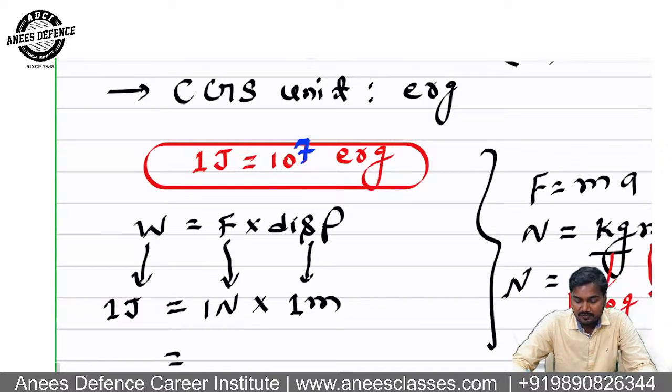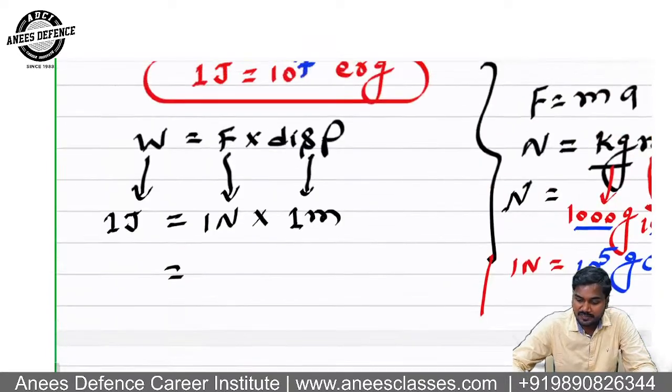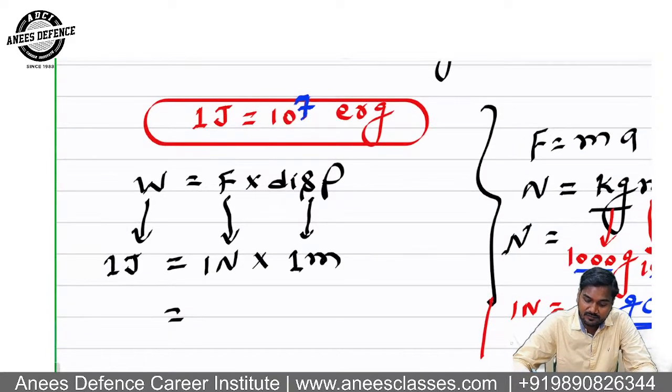And meter, the CGS unit of meter is centimeter, so 100 centimeter per second square. You don't need to convert this because in the CGS system the unit is also the same. So 1 Newton is equal to what? 10 raised to power 5 gram centimeter per second square. And gram centimeter per second square is nothing but dyne.